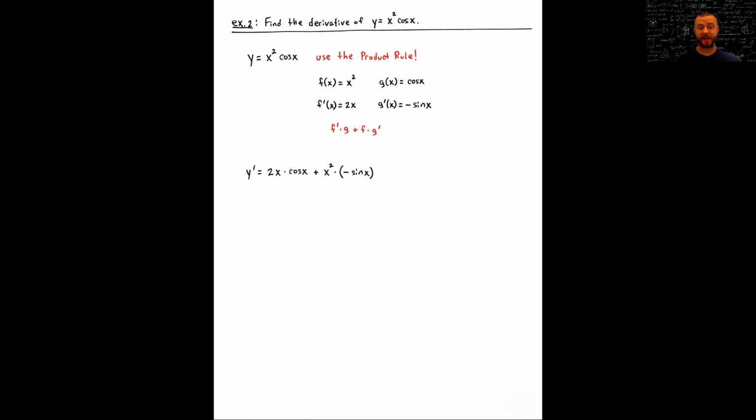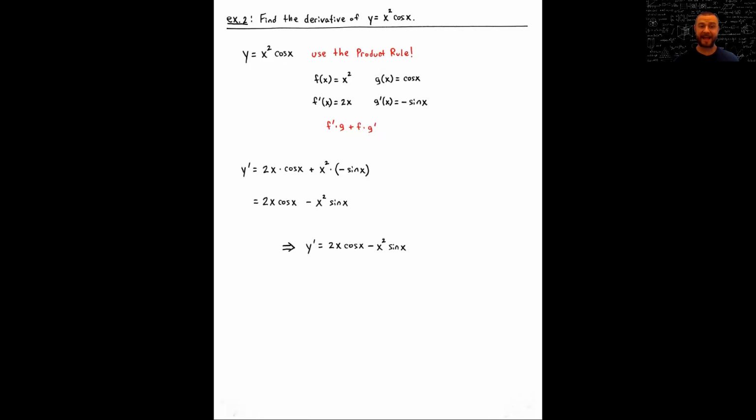And we can simplify that slightly, just getting rid of the parentheses and changing the plus to a minus there. And we get as our derivative, y prime, 2x times cosine of x minus x squared sine of x. Hopefully, divide and conquer, you've been using it in examples going through the homework, and it's sinking in.